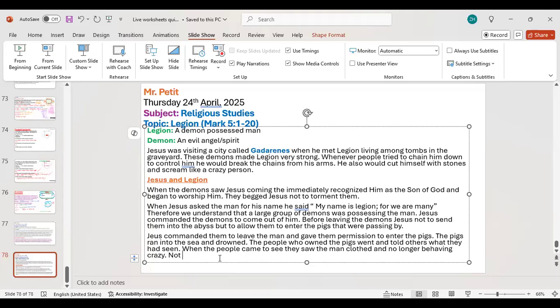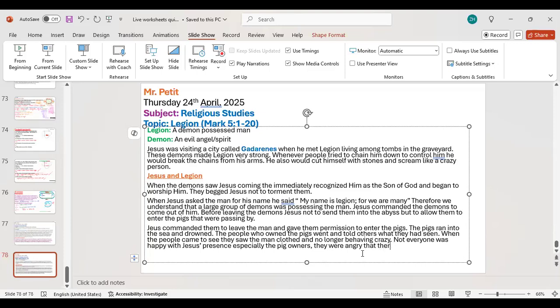Not everyone was happy with Jesus's presence, especially the pig owners. They were angry that their pigs died.